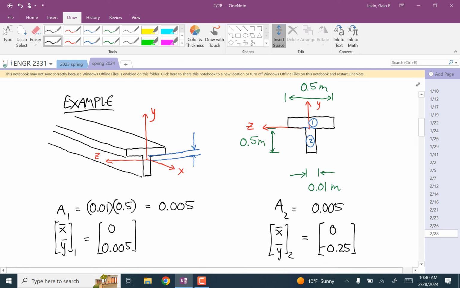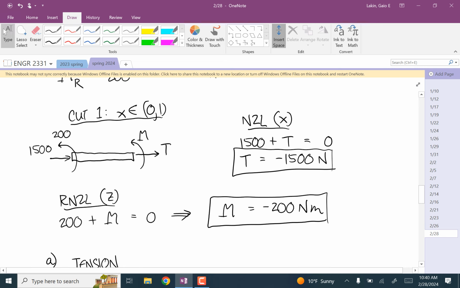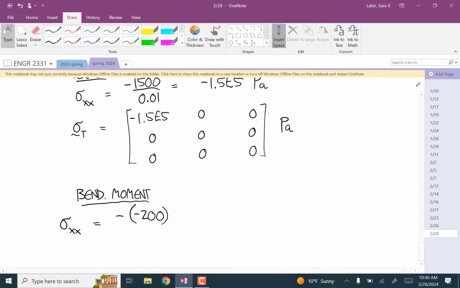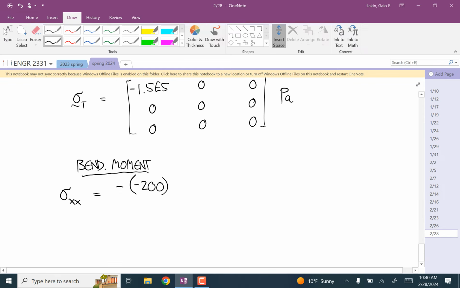Are you with me on that reasoning? And so our Y is still going to be negative because we're going down, but this time it's negative 0.3775.